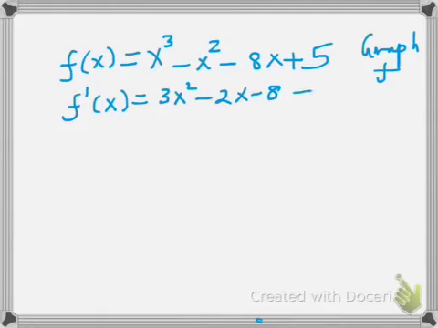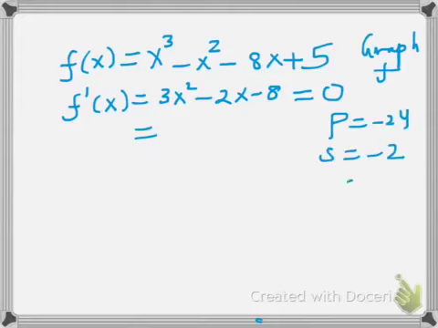So if I set this equal to 0, what do I get? I can split the middle term. For the product, I need -24. For the sum, I need -2. So -6 and 4 qualifies.